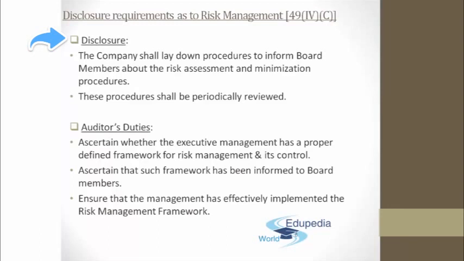They need to lay down all the procedures to inform the board members about each and every kind of risk assessment and minimization procedure. These procedures shall be periodically reviewed to ensure that the executive management controls the risk through means of a properly defined framework.